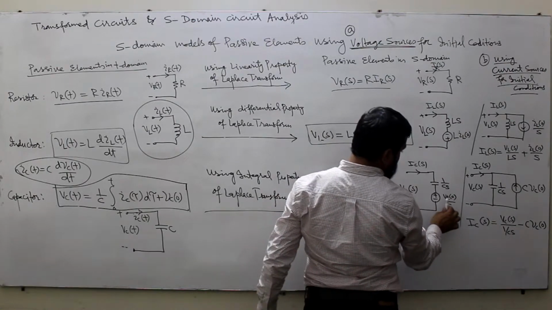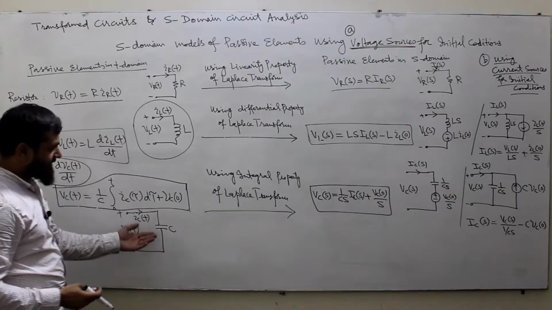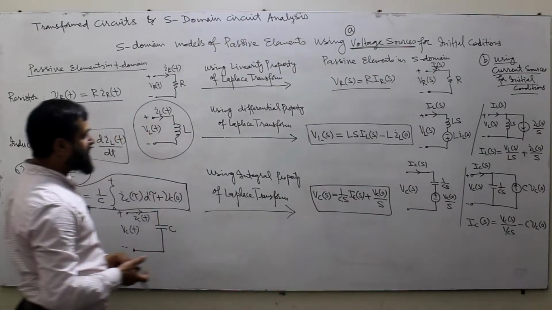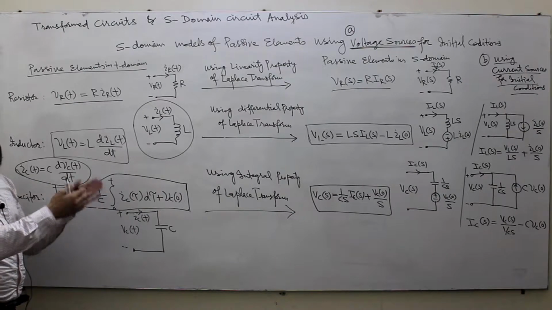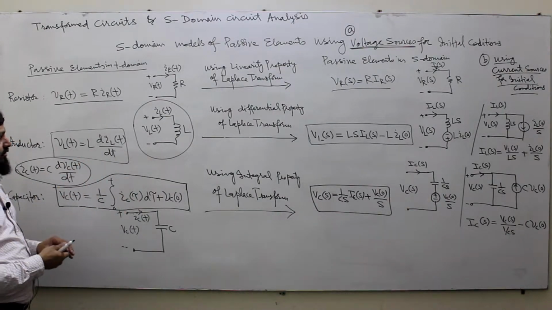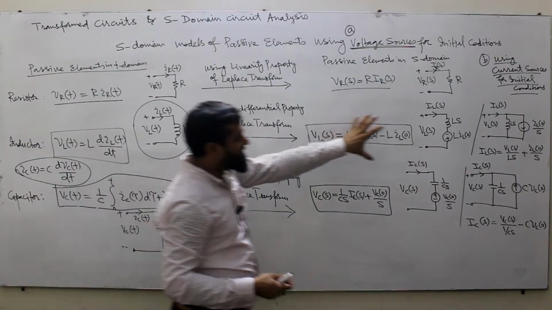So this is a voltage controlled voltage source here, and this circuit is replaced by this circuit in the S domain. So whenever you have to convert the circuit from the time domain to the S domain, if you find the inductor, you can simply replace that portion of the inductor with this circuit.